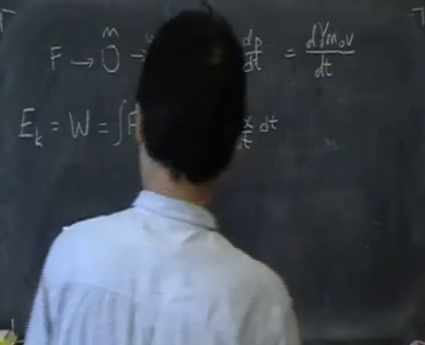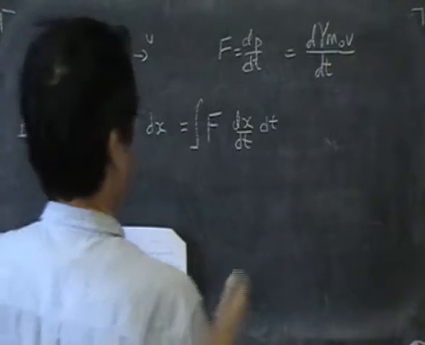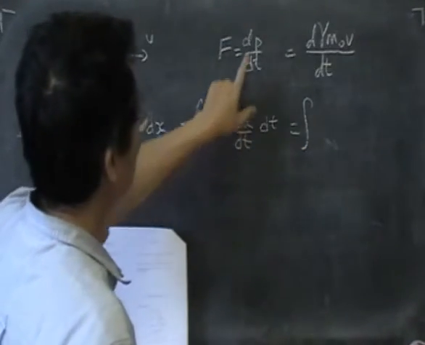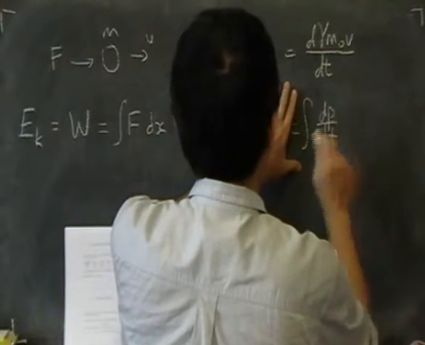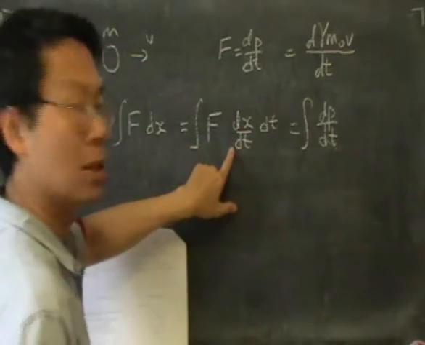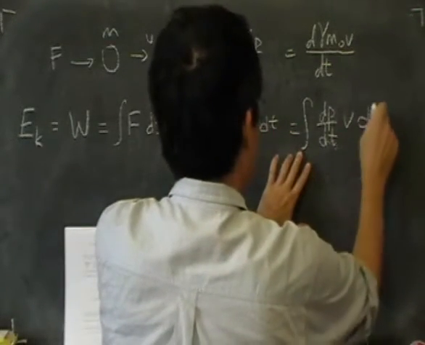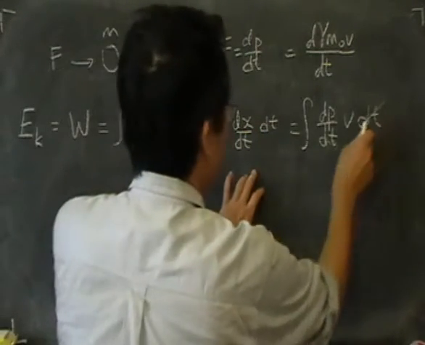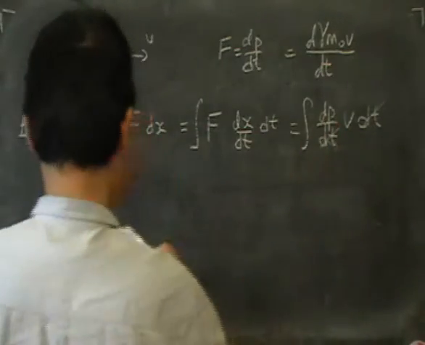Okay, so then the f here would be dp by dt. The dx dt there is velocity v, and I still have the dt there. Now I can cancel the dt and I'll get v dp.